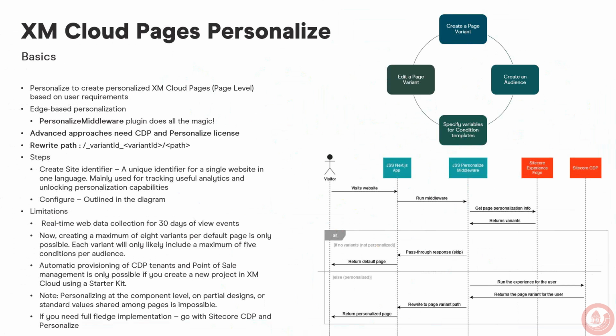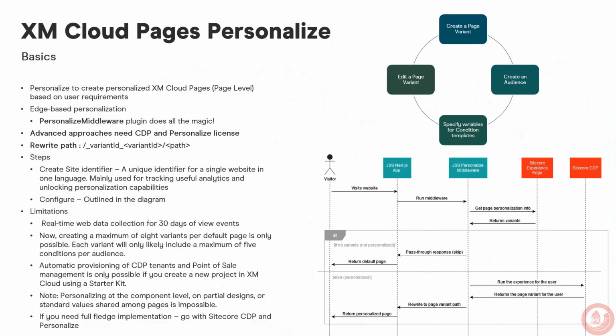Automatic provisioning of CDP tenants and point of sale management is only possible if you create a new project in XM Cloud using the Starter Kit. If you don't know about that, refer to the last 2 sessions where we discussed it, especially the last session. If you provision your XM Cloud instance using the default Starter Kit, then you will have the whole CDP and Personalize embedded and integrated.